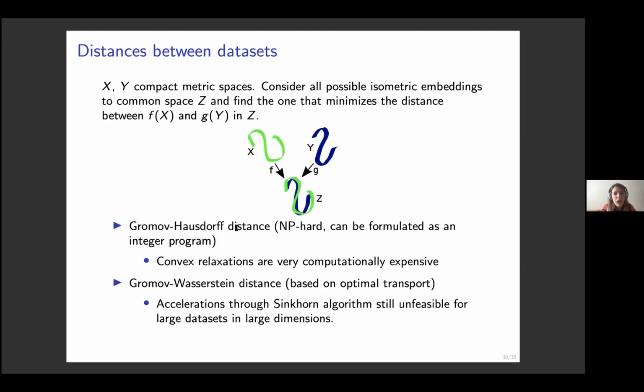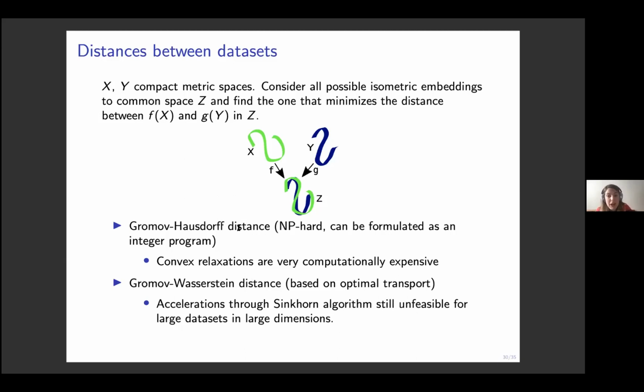So an example of this could be the Gromov-Hausdorff distance between metric spaces, which is the most common and useful distance between metric spaces. It has good properties, like the Gromov-Hausdorff distance between two metric spaces is 0 if and only if they're isometric, and things like that.